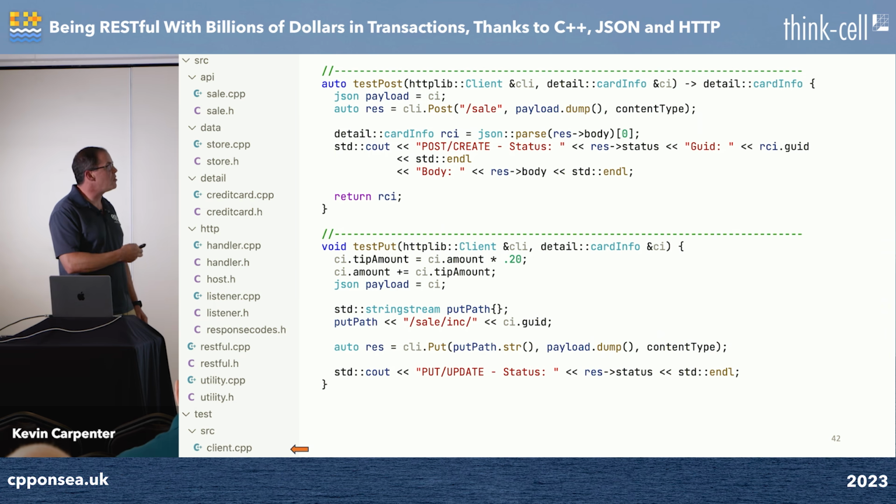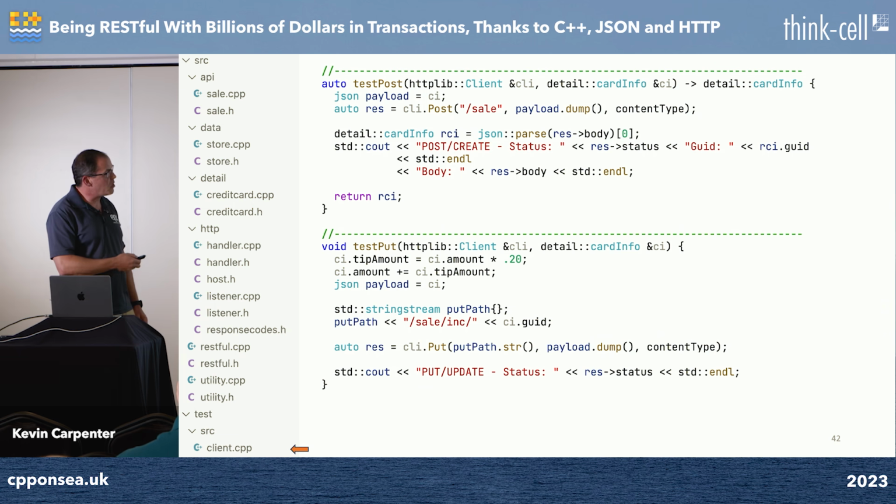If you want to do a post, you do the object.post, sale, the payload that we want to send, and the content type. We passed in a card info. By passing it over to payload, it turned it into a JSON. The payload.dump then turns it into a string, so we're just passing through a string to it. We get the response back. We turn it back into a card info, and then we're just going to output that information.